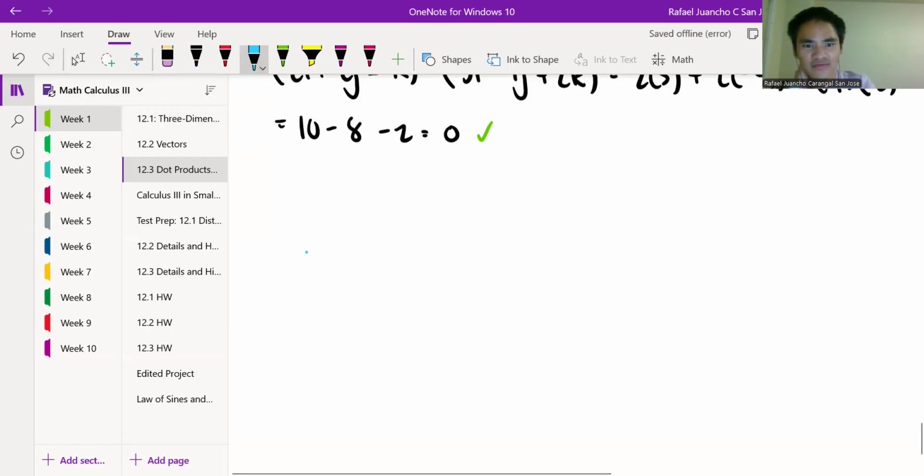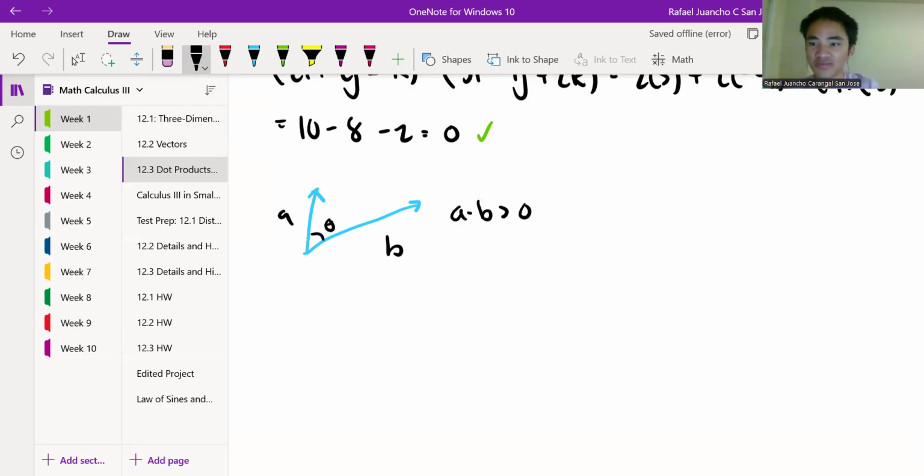Let's say we have this A and B, and they're generally going positive, and we have this theta here, then their dot product is positive, right? And if it's positive, their theta, or their angle, is acute. Acute meaning it's less than 90, right?